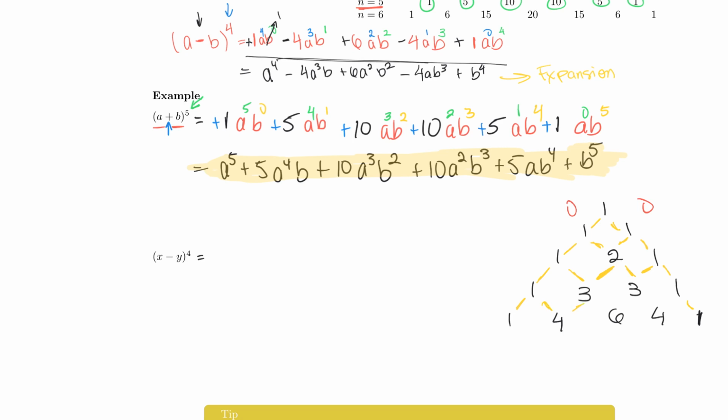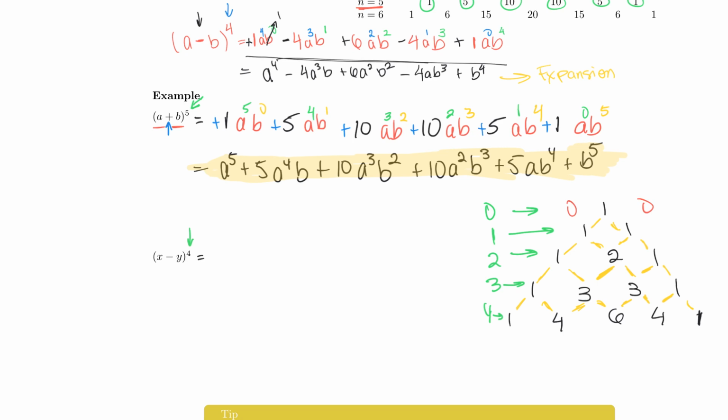Then 1 plus 3 is 4, 3 plus 3 is 6, 3 plus 1 is 4. Okay? So now that we have Pascal's triangle, we start counting the rows. Remember, we start with row number 0, then row number 1, 2, 3, and 4. And we are interested in row number 4 because that's the power of our binomial.